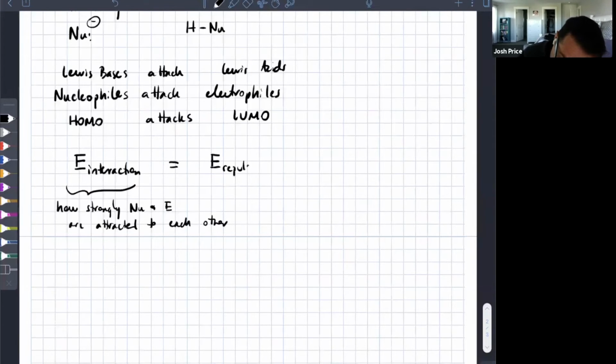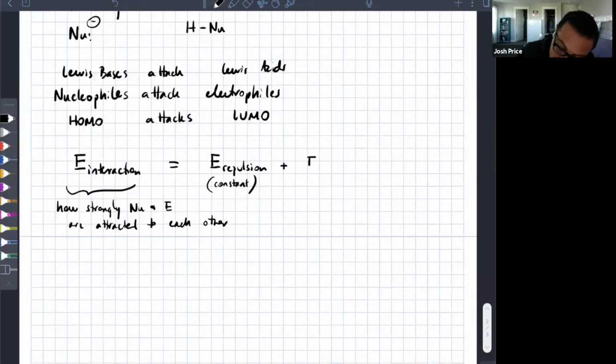First, you have to deal with the fact that even though one's a nucleophile and the other's an electrophile, each has a ton of electrons, core electrons that will repel each other. So this is sort of a constant term that doesn't change a lot. You just have to be aware of it. And two atoms or two molecules approaching each other are always going to experience some electron-electron repulsion. This is like the Coulombic repulsion term in the Hamiltonian operator.